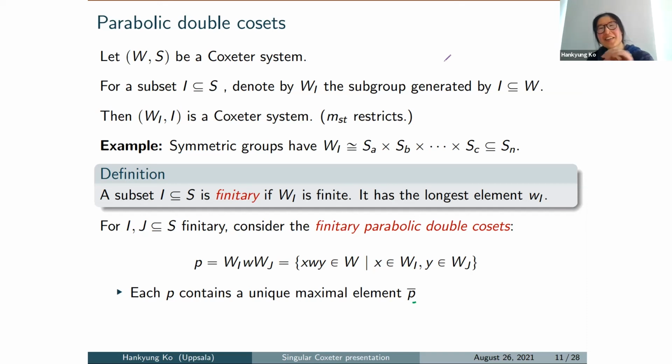So this big graph for S4 is important in giving a presentation of the Hecke category.